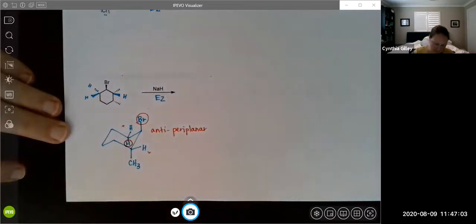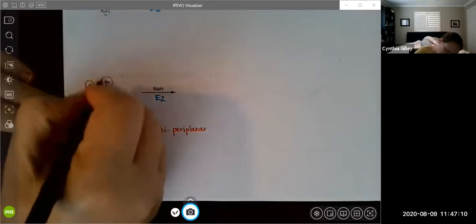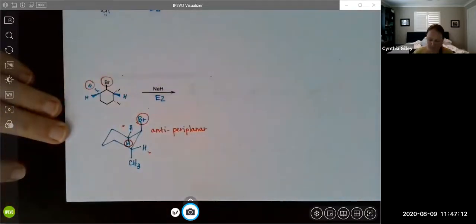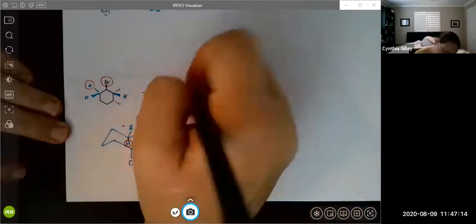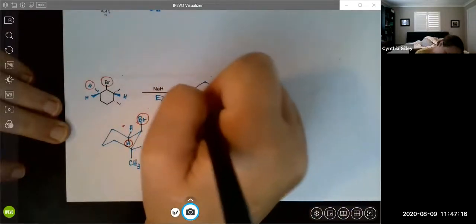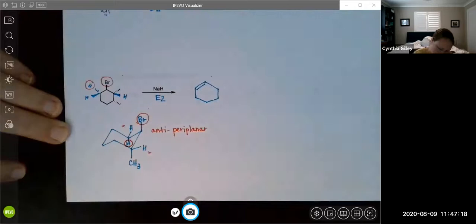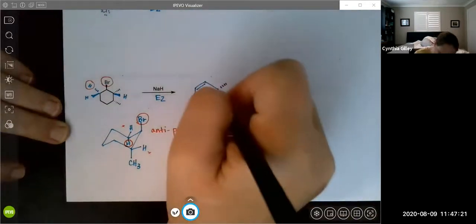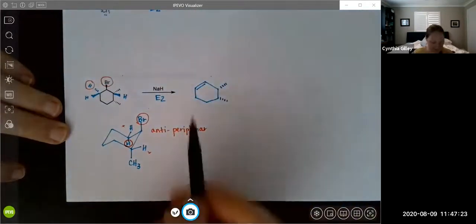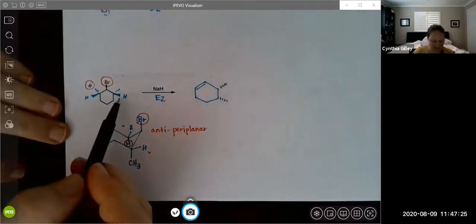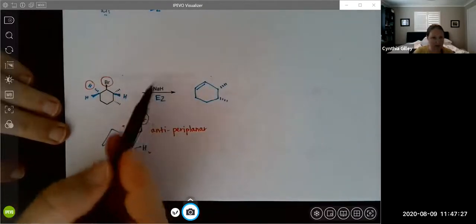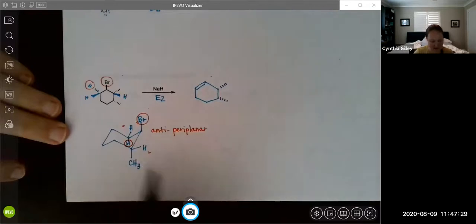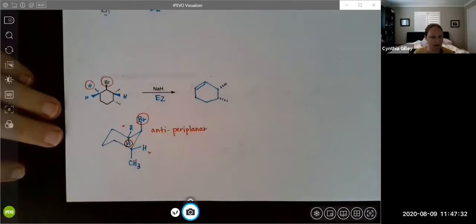The only one we can remove is this one, which is the one that's pointed down here, right? The one I circled. So that means that the product will actually have an alkene generated on the left, even though it might seem like I can take this one, particularly with a small unhindered base, I cannot, because of the requirement of the anti-periplanar transition state in an E2 reaction.